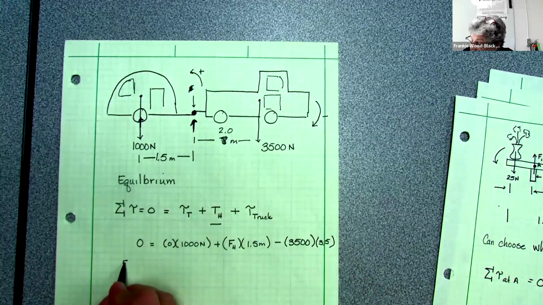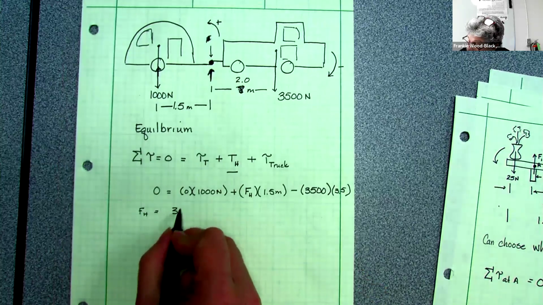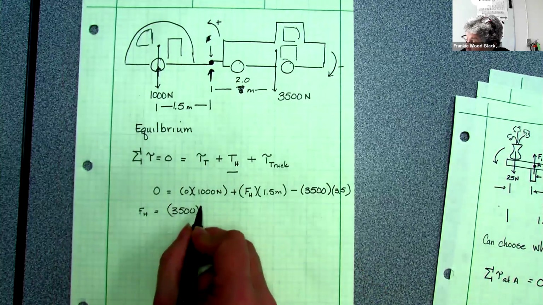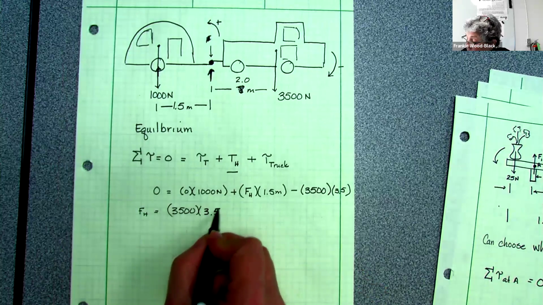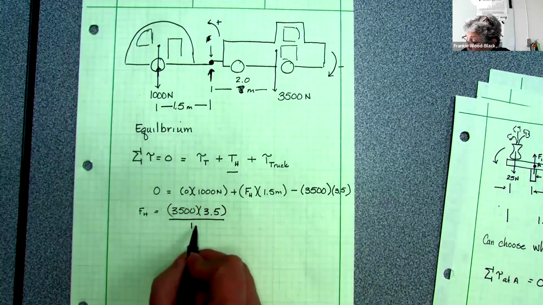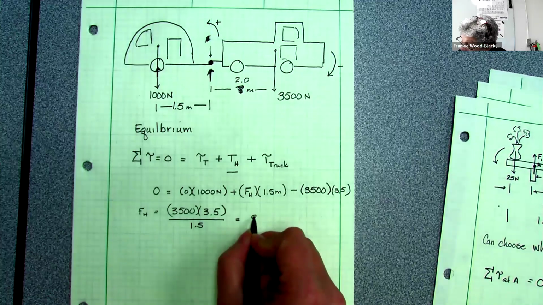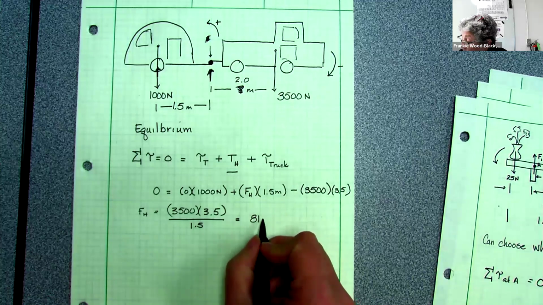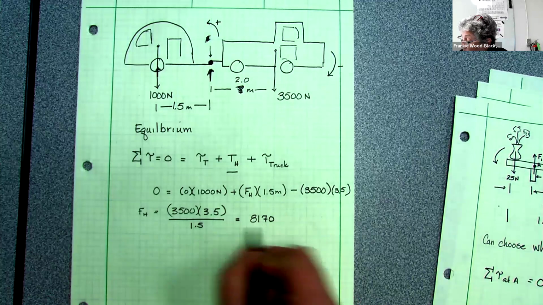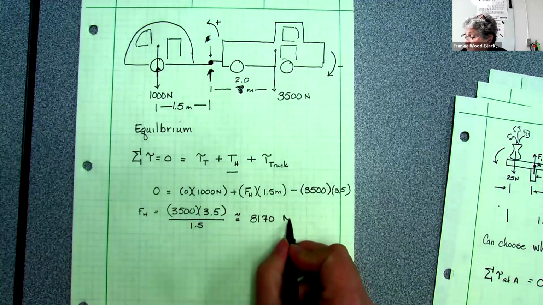So the force on my hitch is going to equal 3,500 times my 3.5 divided by my 1.5. And it looks like I'm going to put a force on my hitch of 8170 rounded off newtons.